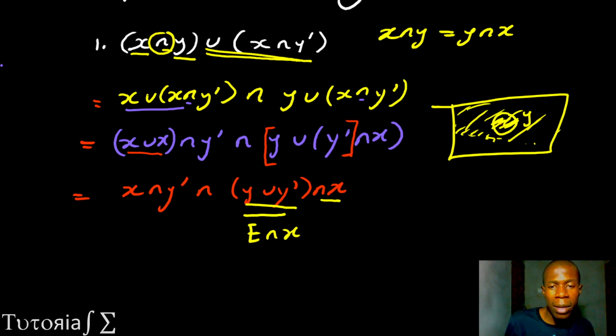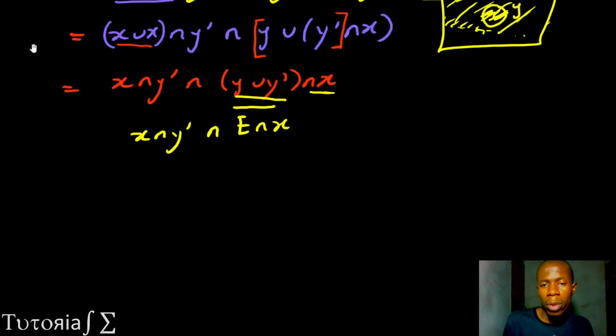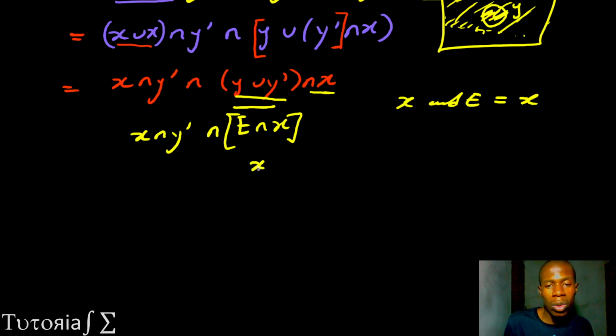So this will give us the universal set intersection x here. Then we have x intersection y prime. Okay, we are still moving. So here, what is x intersection e? What does x and the universal set have in common? Well, they have in common x. So x intersection the universal set is just x. This part can also be rewritten.